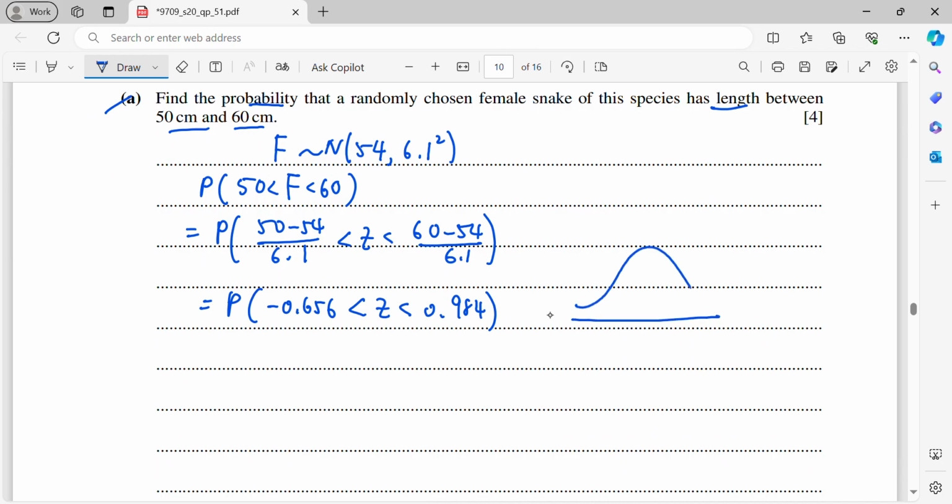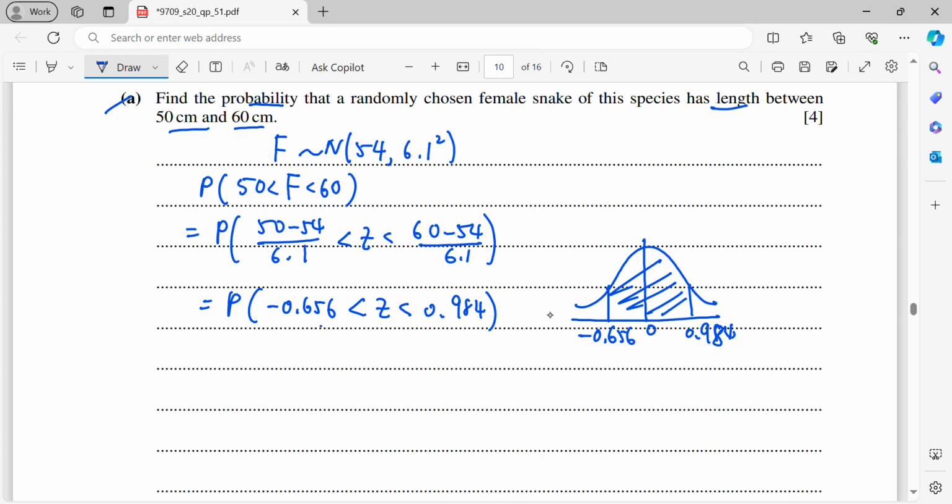Now, sketch a graph. The normal graph, which is a bell-shaped curve, it is between negative and positive value. So here is negative 0.656, middle is 0. Say this is 0.984. And now our region is bounded by these two lines.